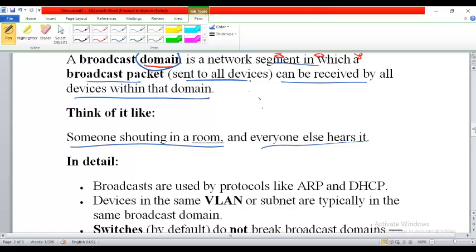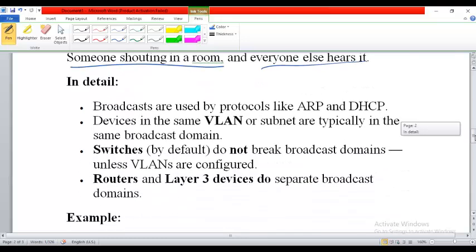Now let us see this one. Broadcasts are used by protocols like ARP and DHCP. There is a protocol called ARP, Address Resolution Protocol, and there is a protocol called Dynamic Host Configuration Protocol. These two protocols will do a layer 2 broadcast, using the MAC broadcast address.